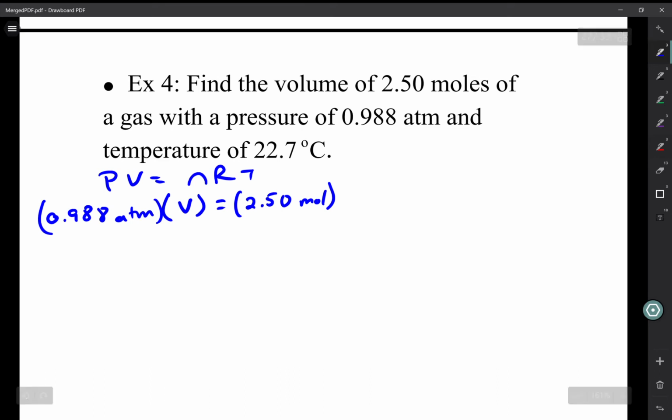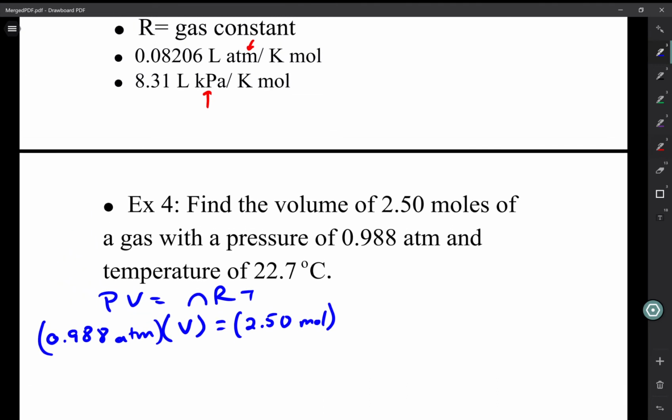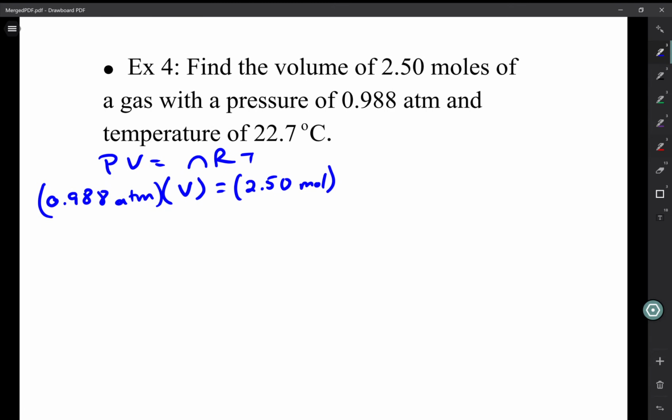R, so what's R going to be? Now you have atmospheres here, so we're going to go back to our constants. There we go, 0.08206 liters atmospheres divided by kelvin moles. So that's going to go here: 0.08206 liters atmospheres kelvin moles.